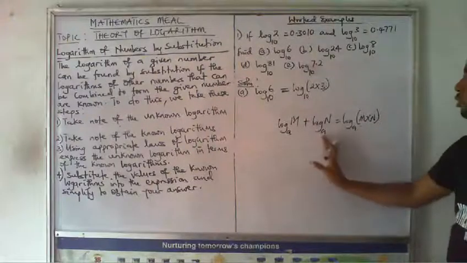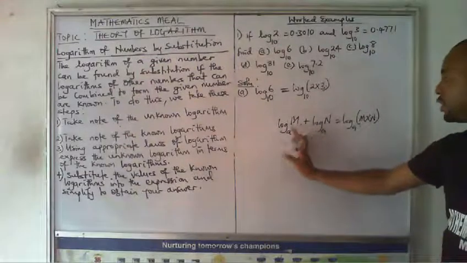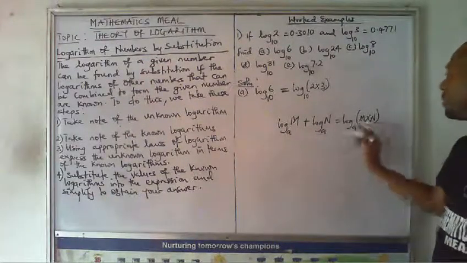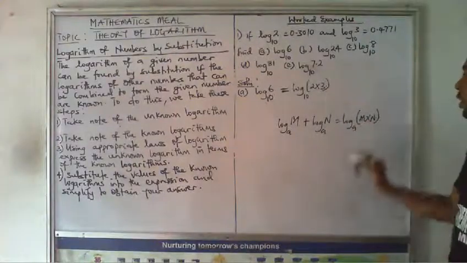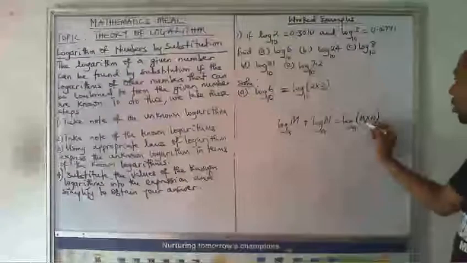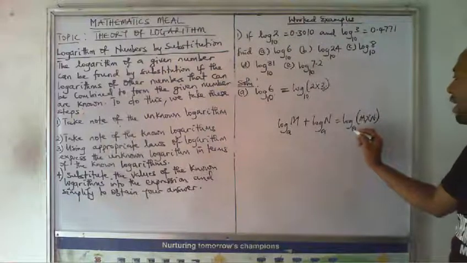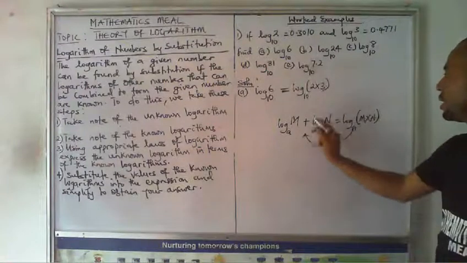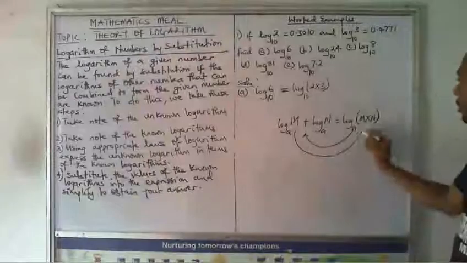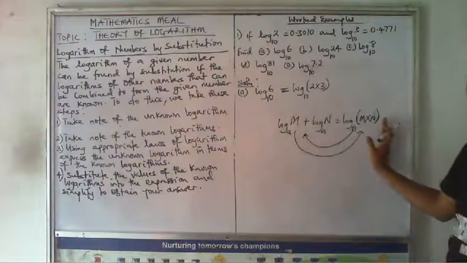That means if I have two logarithms of the same base and the operation between them is addition, I have the right to multiply the numbers under their common base. In other words, if I have numbers that are multiplying under a common base, I can write the whole of this in this form. If it is in this form, I can decide to write it in this form.